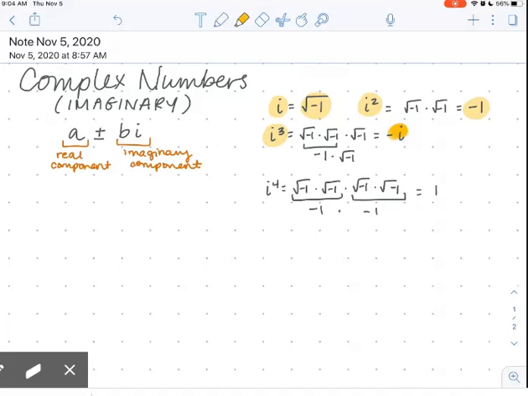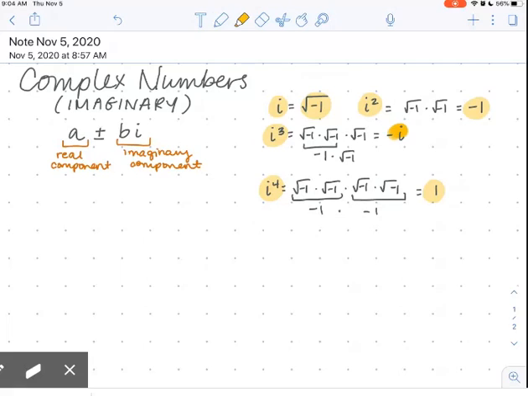So the reason we're walking through these is there may be questions you encounter where it says i to the something, and you have to simplify it. So this is just showing you a couple iterations of how we can figure out what it would be. If we have i to the 10th, you would break it down in this way. But just knowing that i equals the square root of -1 is pretty essential information.